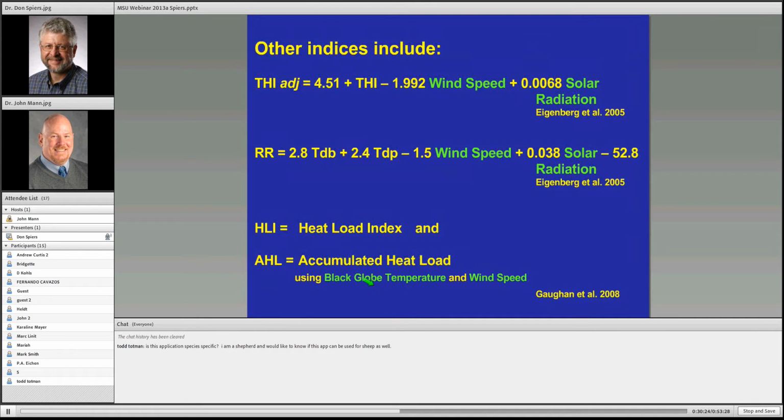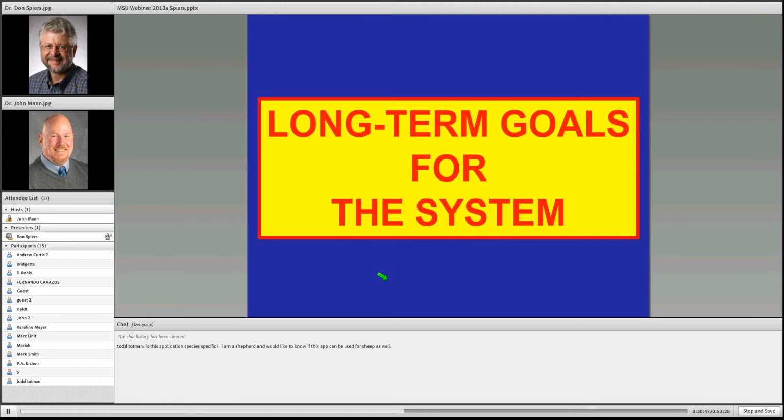There are many indices out there for heat stress. As I indicated earlier, there are indices that are much more complicated that have been issued recently, that incorporate wind speed into the temperature and the humidity, solar radiation, black globe temperature, things like that, that would make this much more complicated and require the user to measure many, many more things. And we've tried to shy away from some of that.